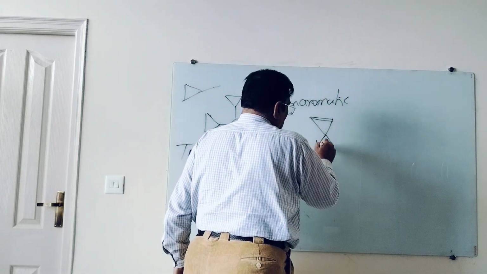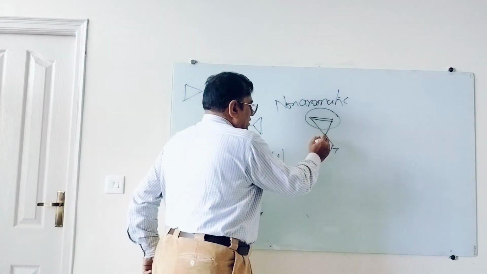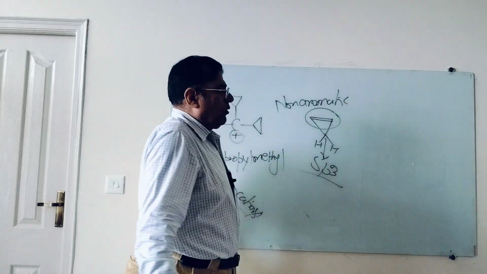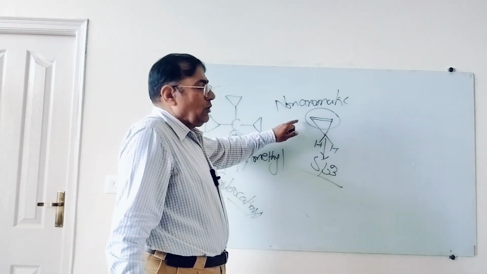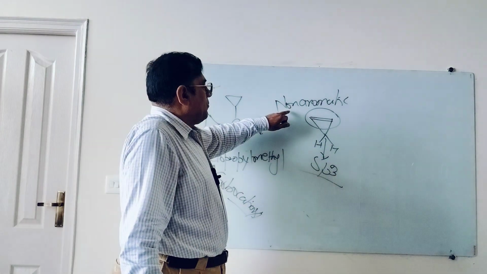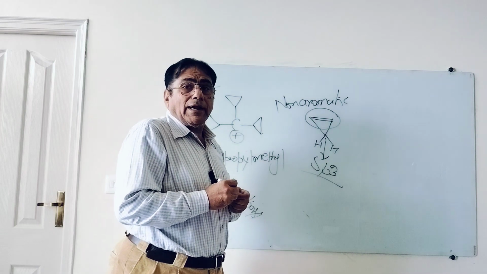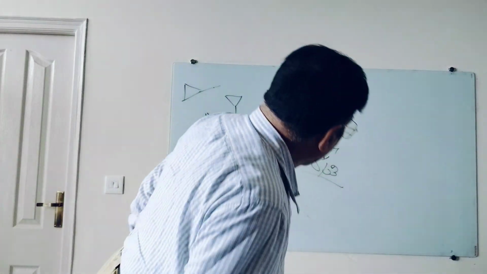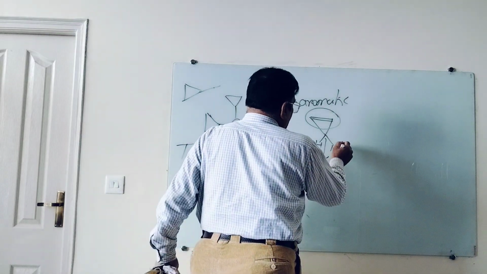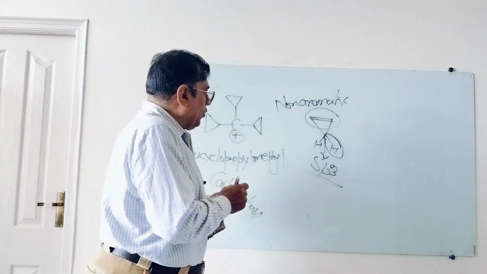Because this third carbon is sp3, while these two are sp2 hybrid, and that makes the structure non-planar. So this compound could be aromatic in future, but cyclopropene itself cannot be aromatic, that is non-aromatic, right?